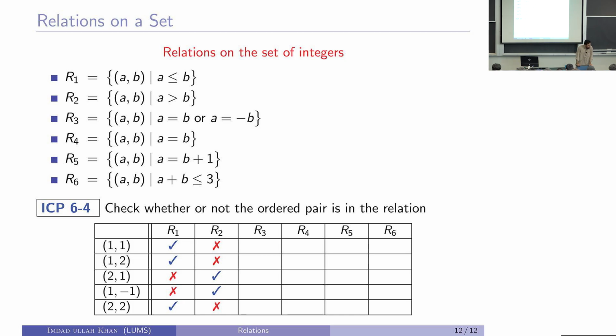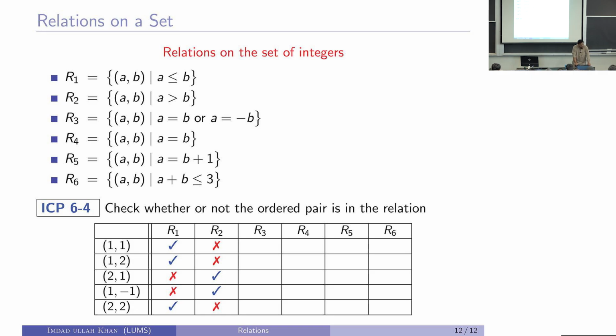R2 relates a number A to all numbers that are smaller than A, right? So it relates A with numbers that are smaller than A. So is 1 1 an element of R2? No, why not? 1 is not greater than 1.